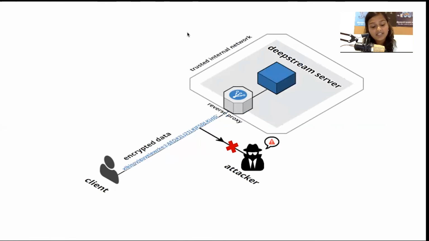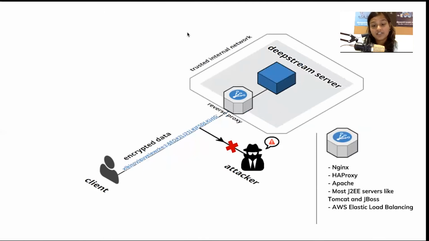Now, what are the different kinds of servers that we can use as a reverse proxy in this particular Deepstream application, or any Deepstream application basically? We have Nginx, HAProxy, Apache, most of the J2EE servers like Tomcat and JBoss, and also Amazon Web Services Elastic Load Balancing.